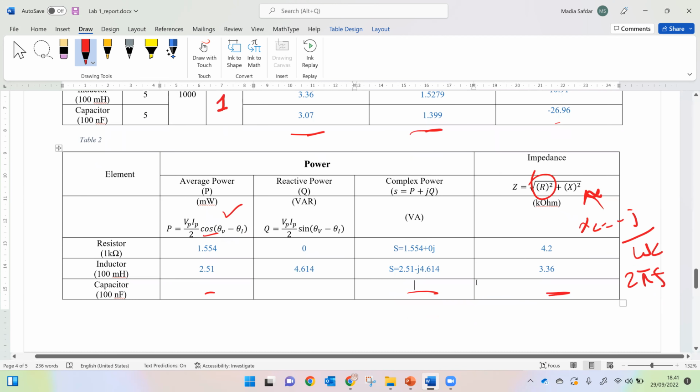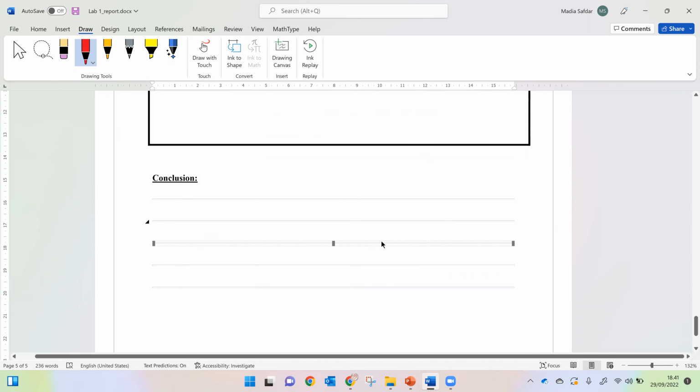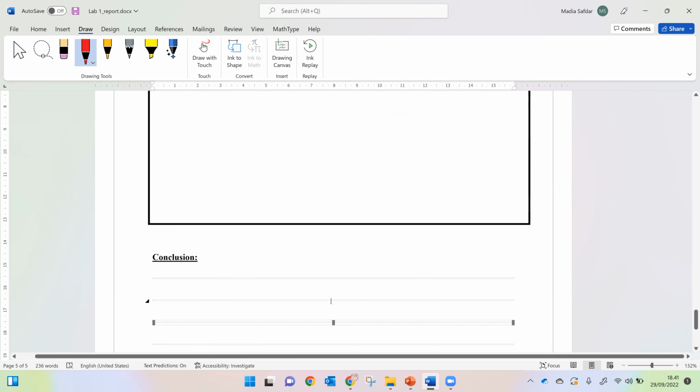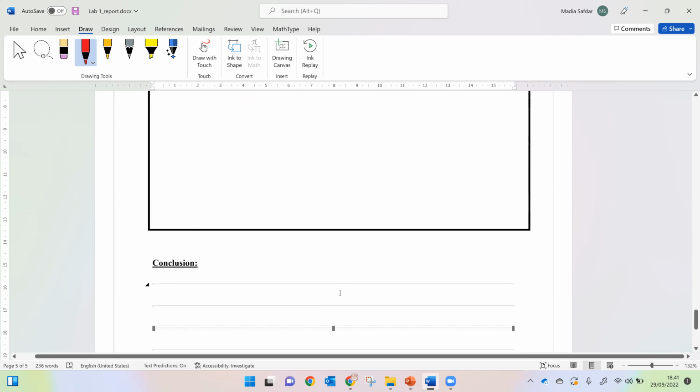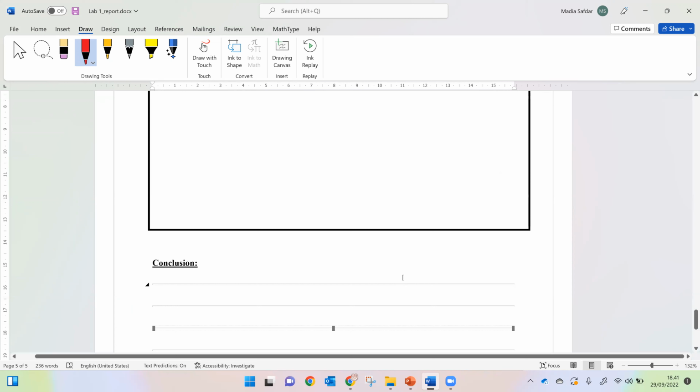So when you are done with all of this, you will write the conclusion here. What did you learn today? In this lab, you have simulated three different circuits having a resistor, capacitor, and inductor. You have seen the peak value of voltage, the peak value of current, and then the phase difference between input and output voltage in the case of resistor, inductor, and capacitor.